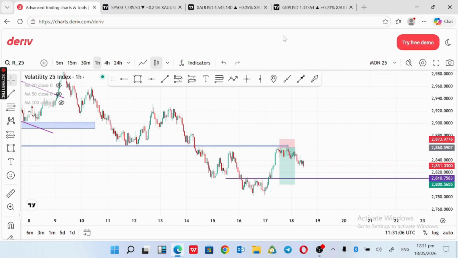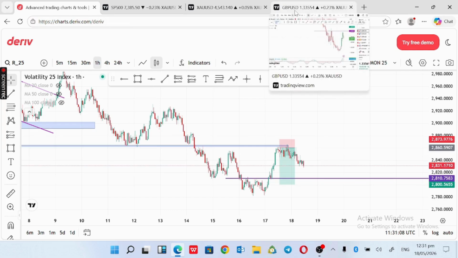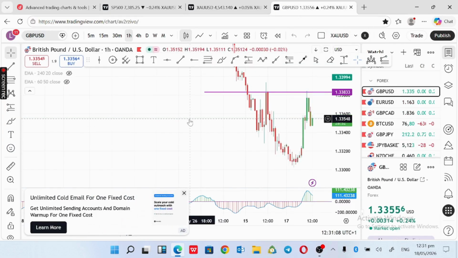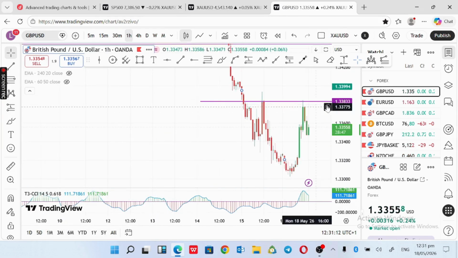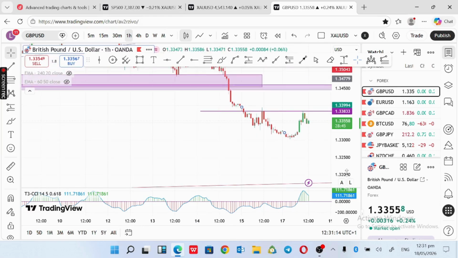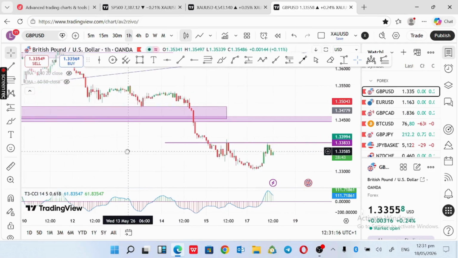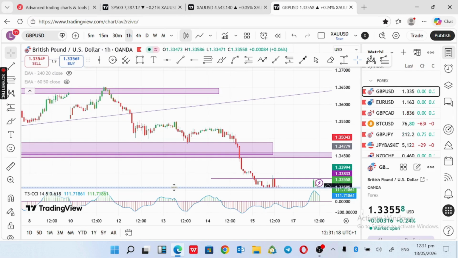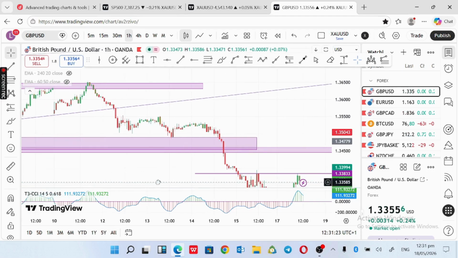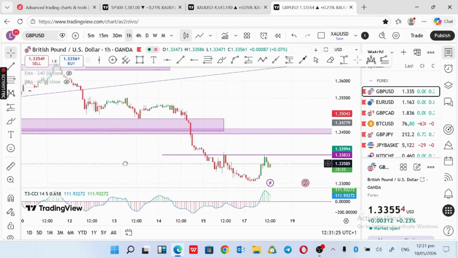So let's look at GBP USD for those who are trading currencies. For GBP USD, over the week, it has been a sell. All through last week, we were expecting more of a sell, a downtrend all through, right from 1.36500 down to 1.543. It has been selling.